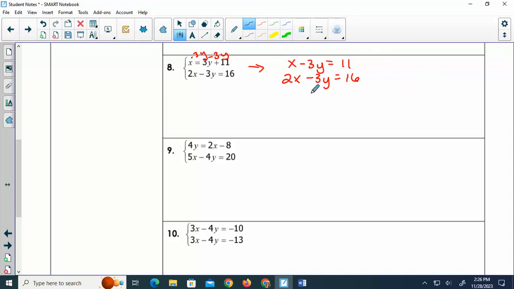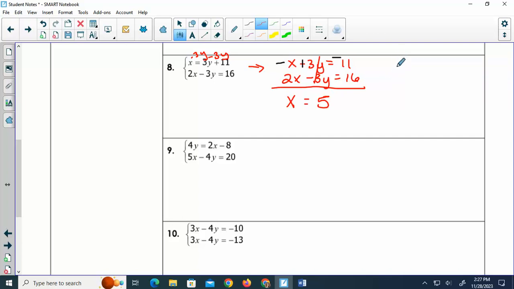Okay, take a negative through one of them. Does it matter which one? Not at all. So let's say I take a negative through the first one. So negative x plus 2x, so negative 1 plus 2 is 1x. Positive 3y and negative 3y cancel. Negative 11 plus 16 is 5.